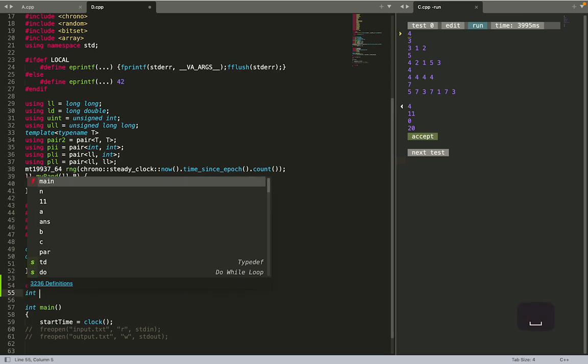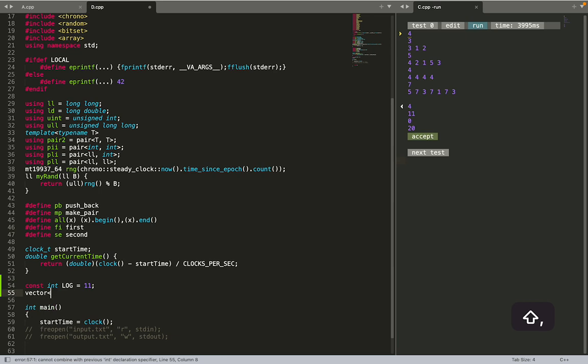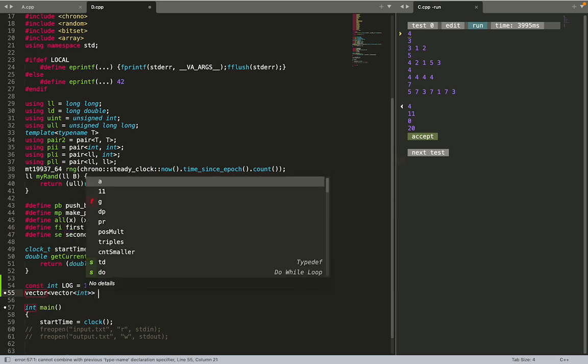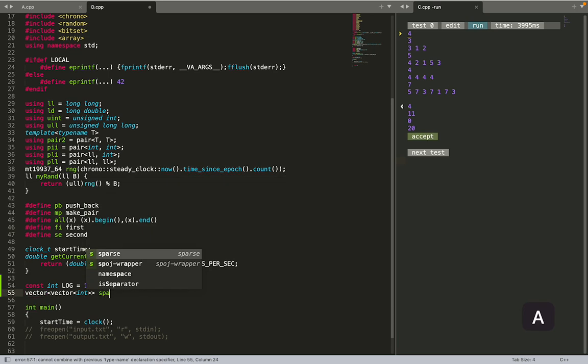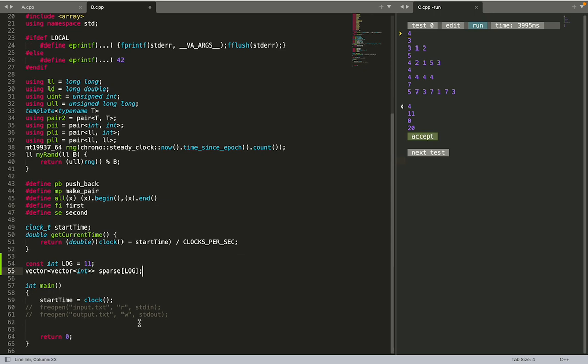So yeah, we will actually need a lot of vectors here, and that might be a bit scary. But it should be fine.